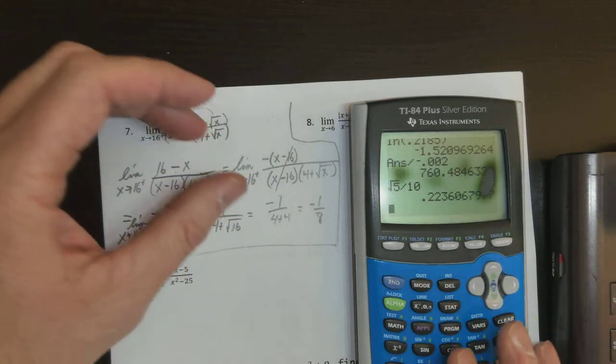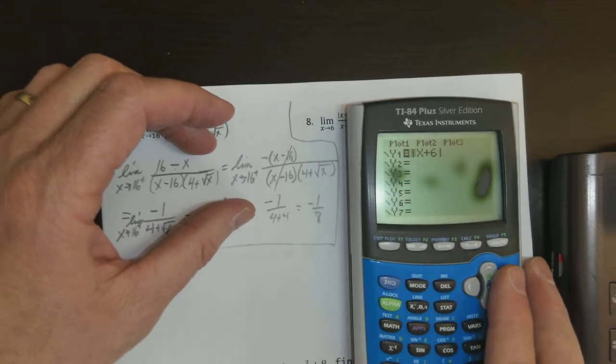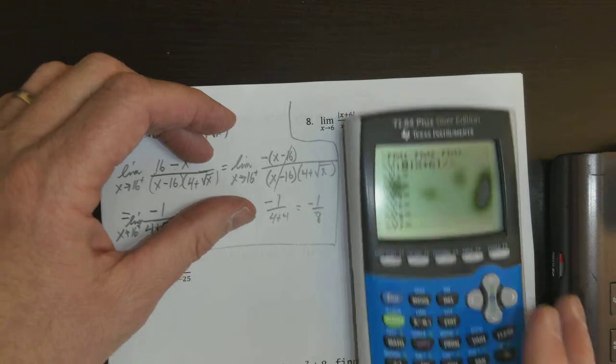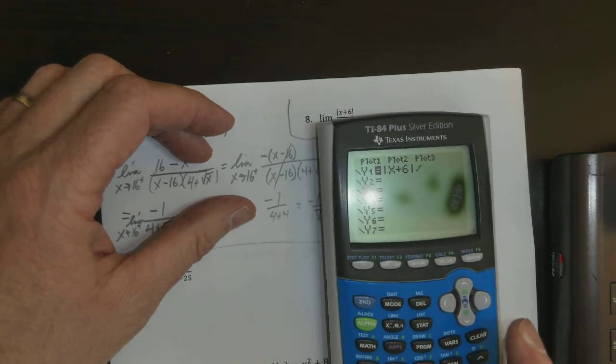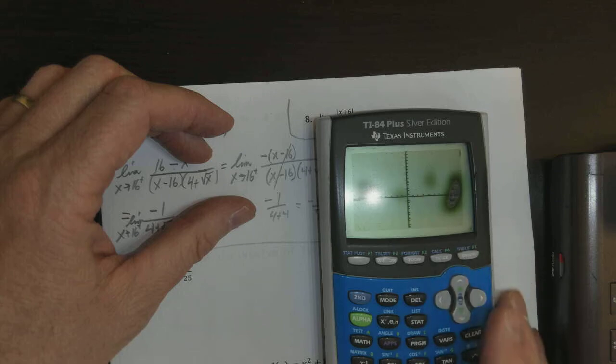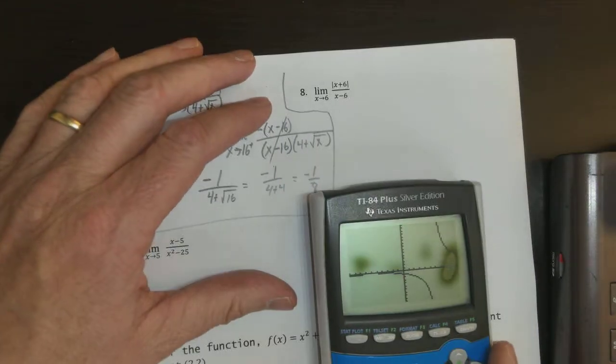Quit out of that. Okay, there we go. All right, and I'm going to divide that by, I got to use parentheses, x minus 6. I'm going to graph that. Okay.